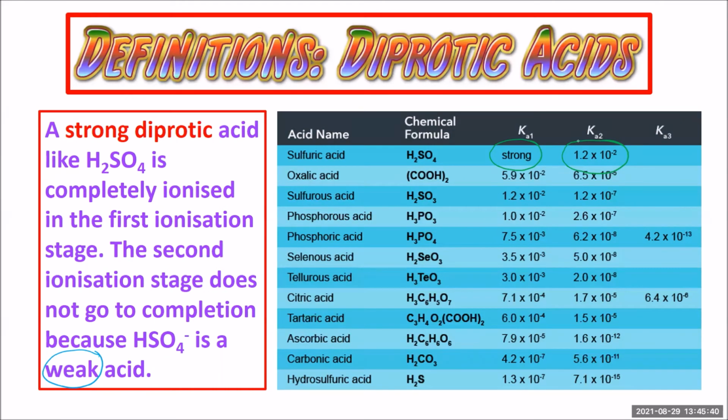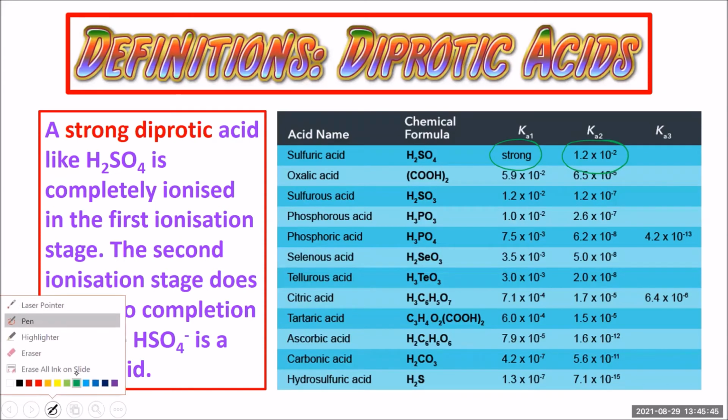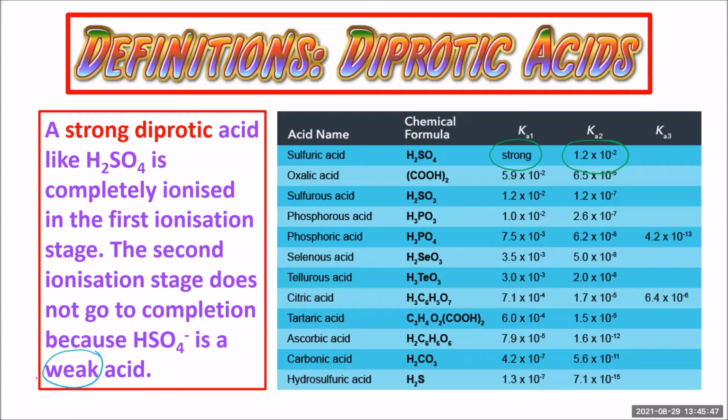And when it comes to triprotic acids, which of course have 3 ionization stages, then there will be 3 separate Ka values. This one, Ka1, will be for the first ionization, and then the second, and then the third.